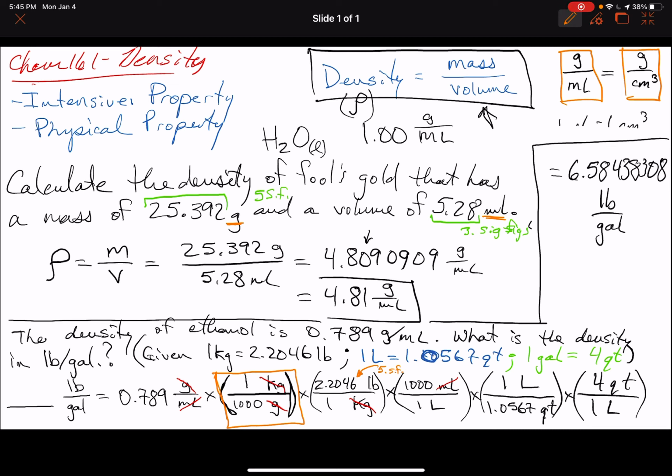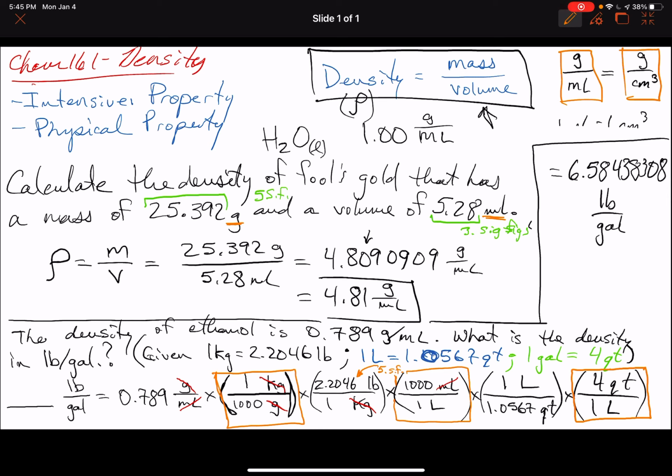We need to respect the 5 in the numerator there. This one here, I'll box it in again, has infinite sig figs, as does the final one, the 4 quarts to a liter.